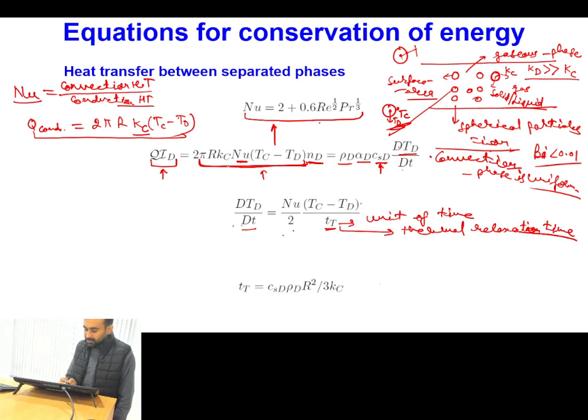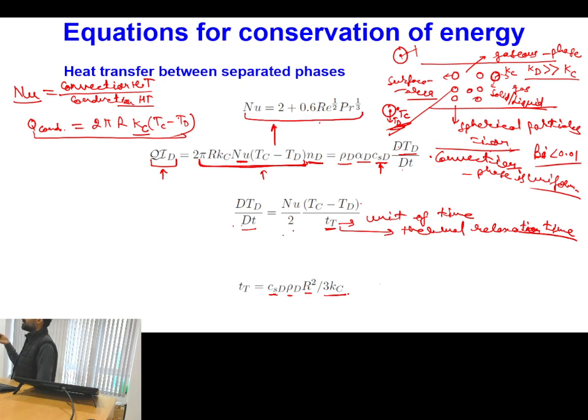Now, if you simplify this algebraic equation, you will find tau T is equal to the specific heat of the dispersed phase multiplied by the density of the dispersed phase into its radius square divided by 3 Kc, where Kc is the thermal conductivity of the surrounding continuous phase. Is this one clear?